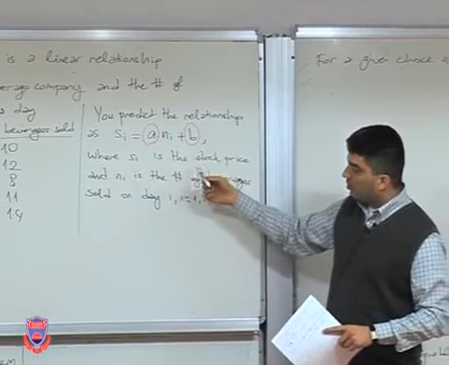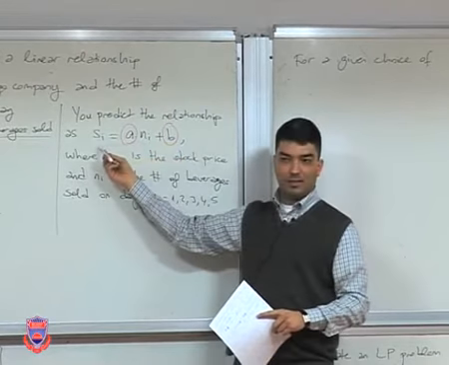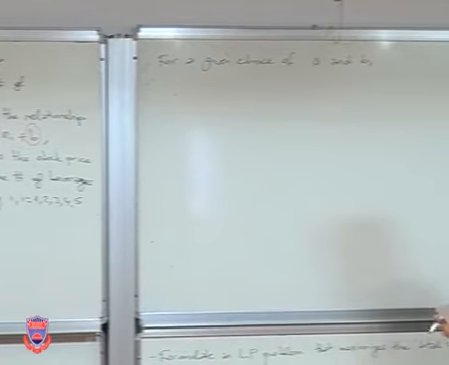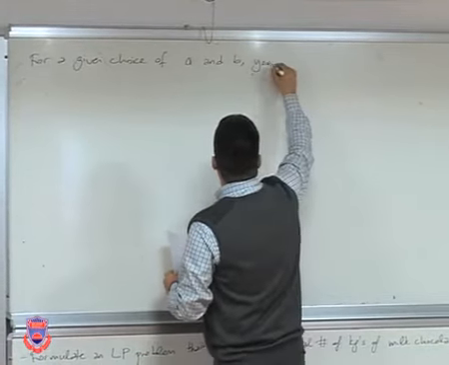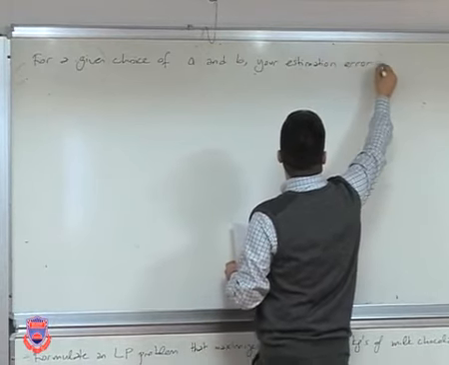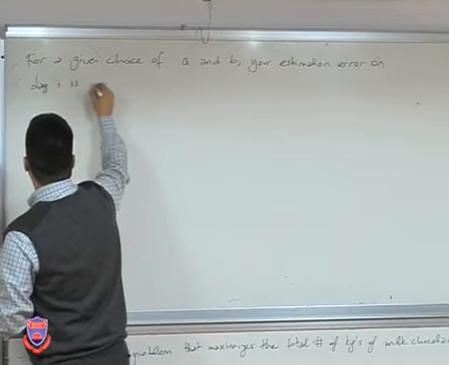Because if the relationship were true, then for every choice of number of beverages sold, we would always have the same stock price. However, in real life, that's not the case. So for a given choice of A and B, your estimation error on day i is given by the following.